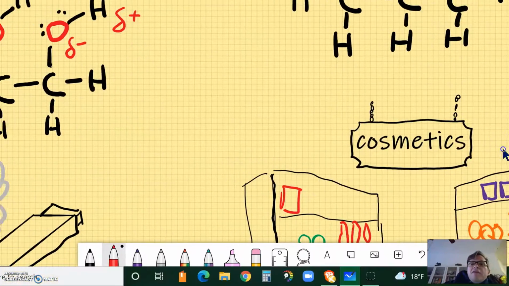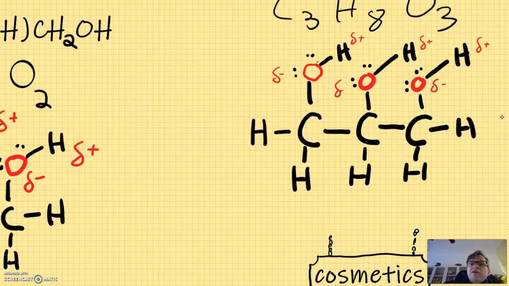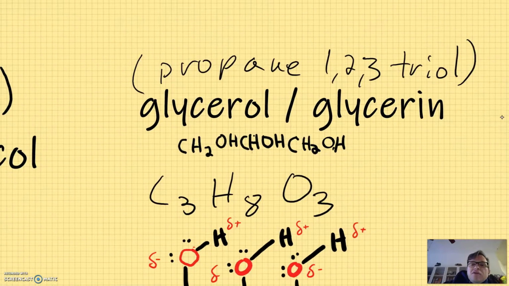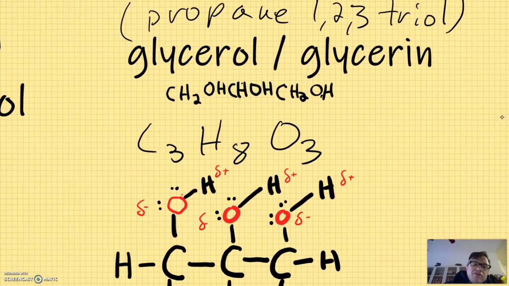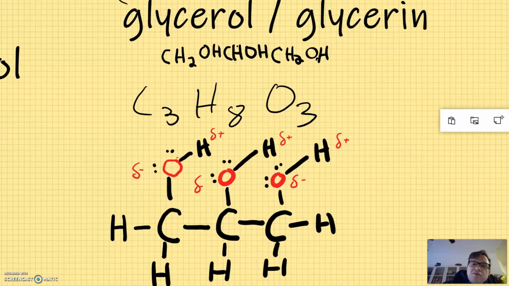All right. Last one we have is glycerol, or propane 1,2,3-triol. The "ol" here, as you might have figured out by now, means alcohol, and the thing that makes these alcohols is having an oxygen-hydrogen attached to the carbons.